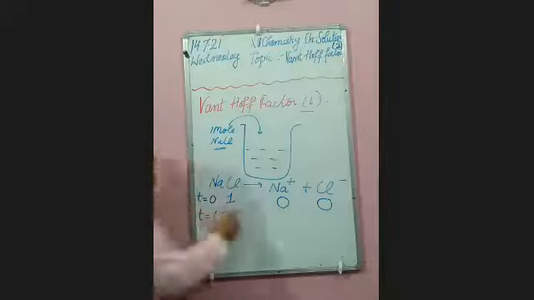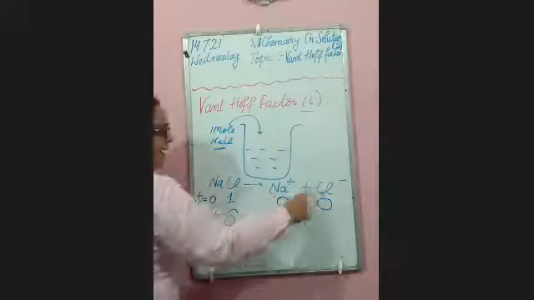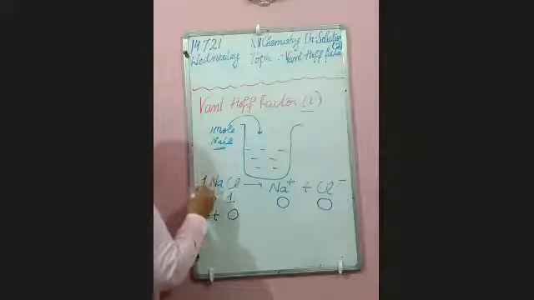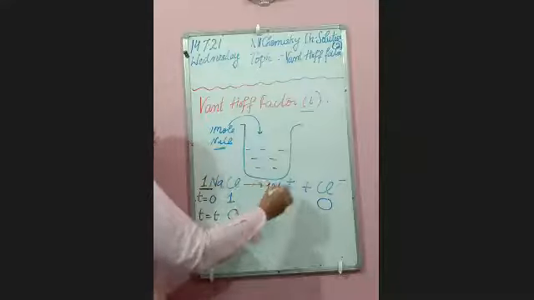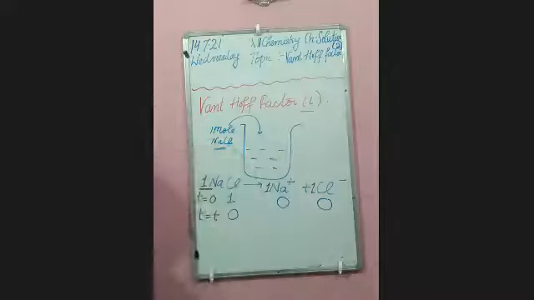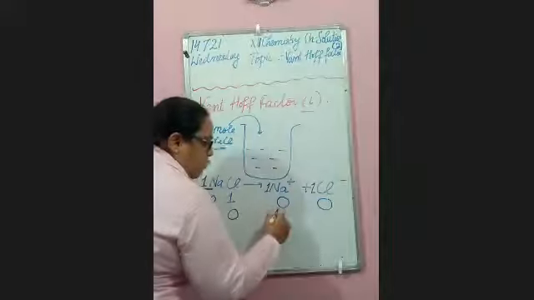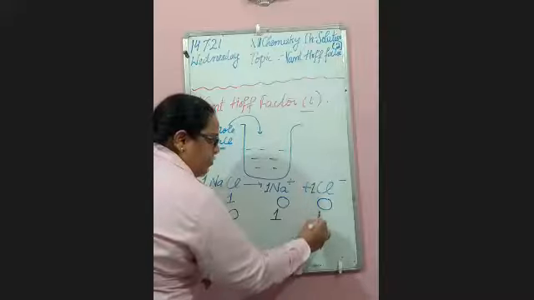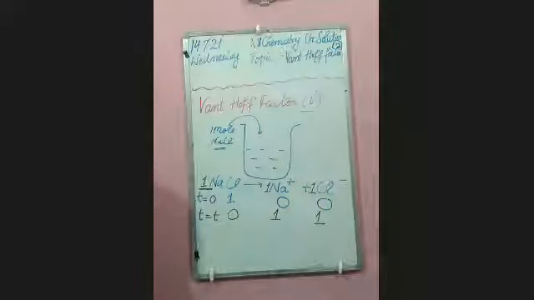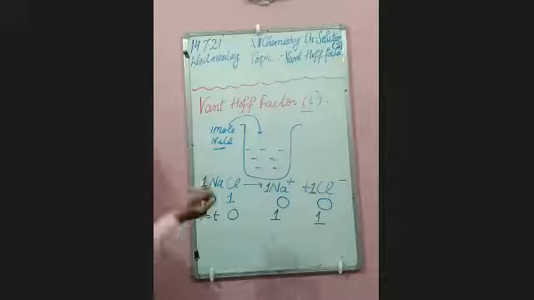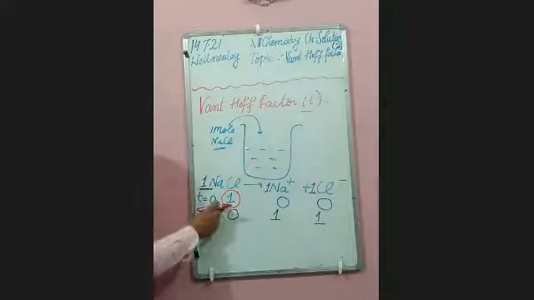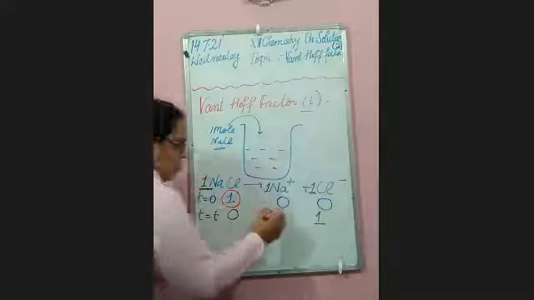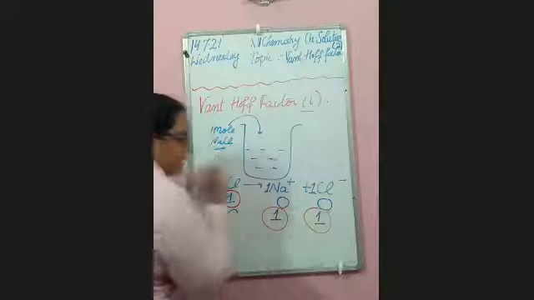As you see in the balanced equation, 1 mole of Na plus and 1 mole of Cl negative will form at time t. We are expecting the theoretical colligative property to be equal to 1, but actually it is equal to 1 plus 1.